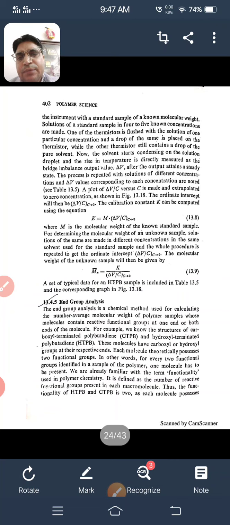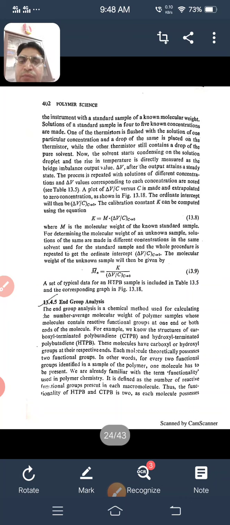A plot of delta V upon C versus C is made and extrapolated to 0 concentration as shown in the above figure, and the ordinate intercept gives delta V upon C at C equals 0. The calibration constant K can be computed using the equation K equals M times delta V upon C at C equals 0, where M is the molecular weight of the standard sample.